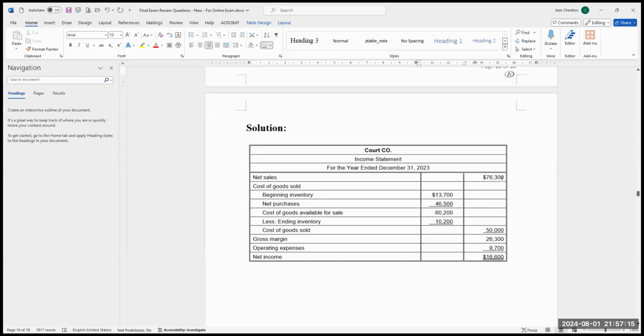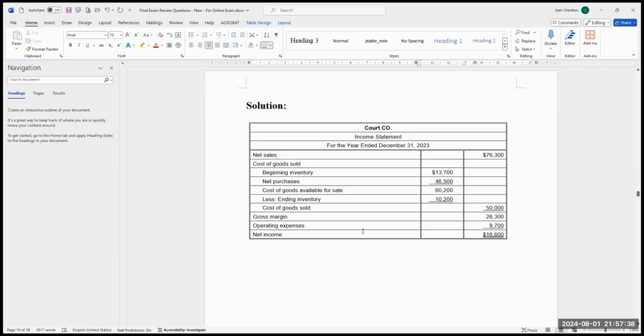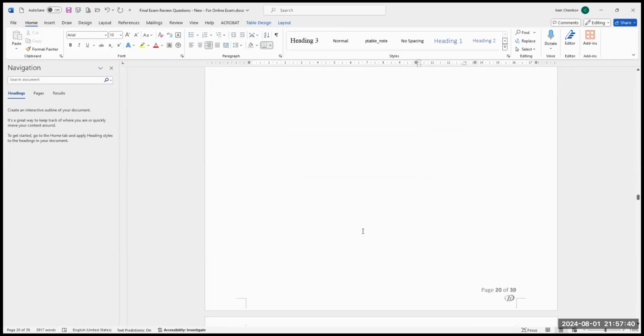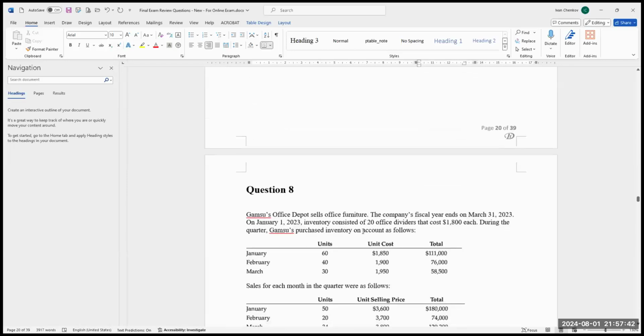After that, 76,300 minus 50,000 minus 9,700 is 16,600. Then once you have the cost of goods sold, work backwards to get the cost of goods available for sale, since you know the ending inventory. Once you get cost of goods available for sale, work backwards to get the beginning inventory, and you're there. Nothing scary with this question. I don't see any challenges with this question. It's mostly math.